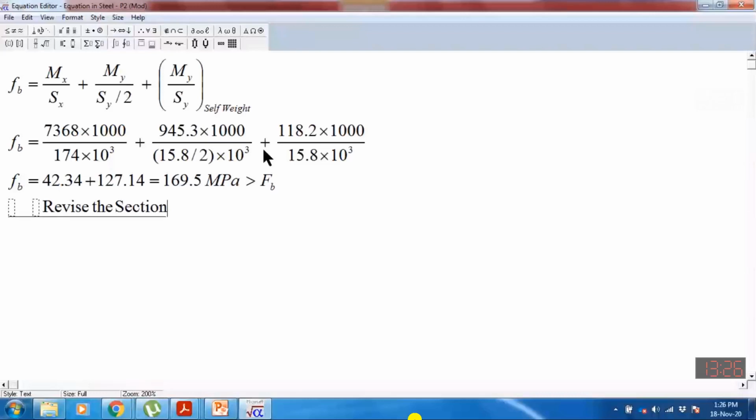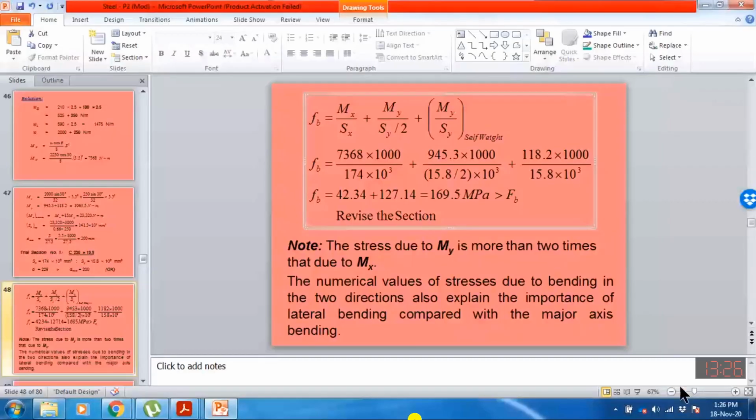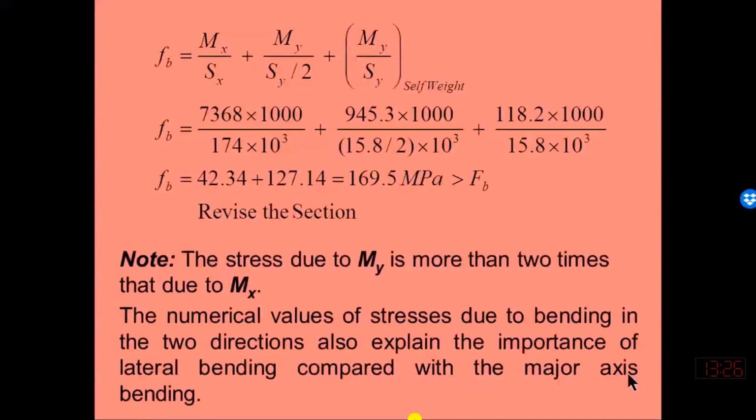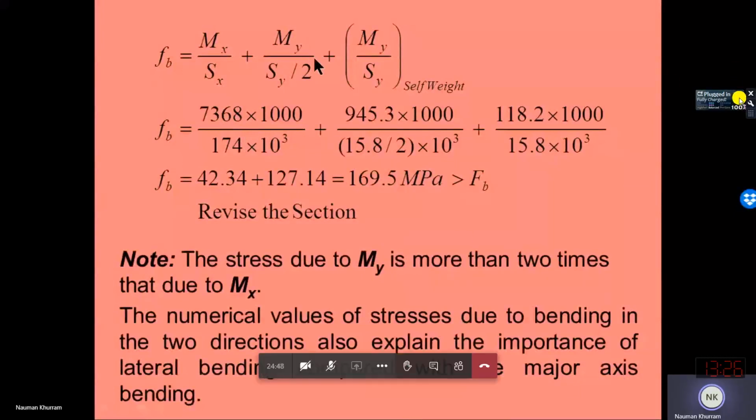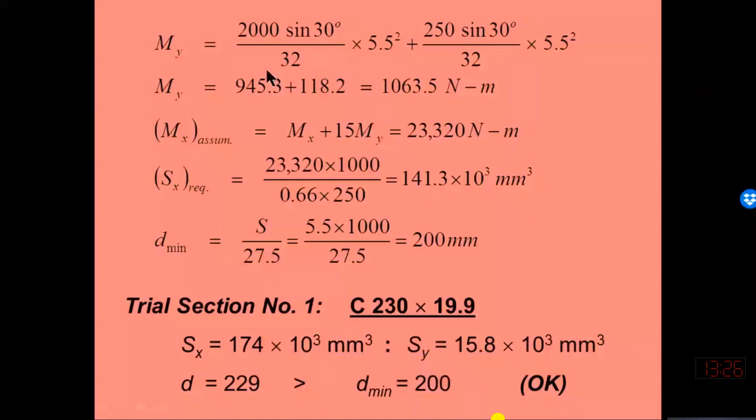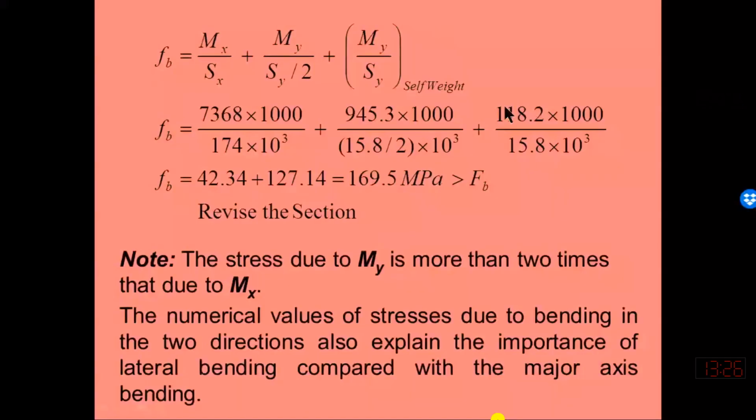So when we are computing these stresses, this component is Mx, the total bending moment about the x-axis, divided by the section modulus about the x-axis. My of 945 is due to superimposed dead load and live load, and 118.2 is the moment about the y-axis due to self-weight only.